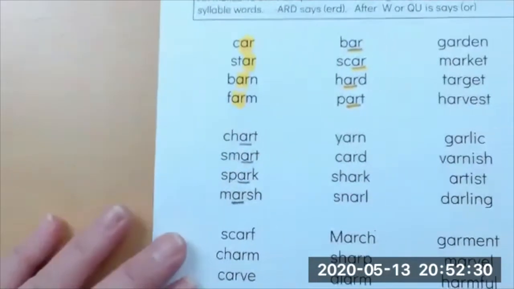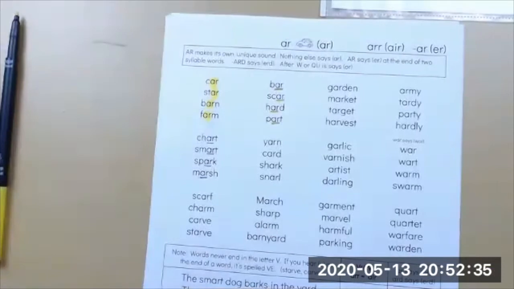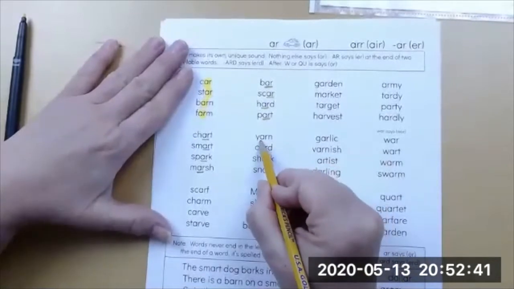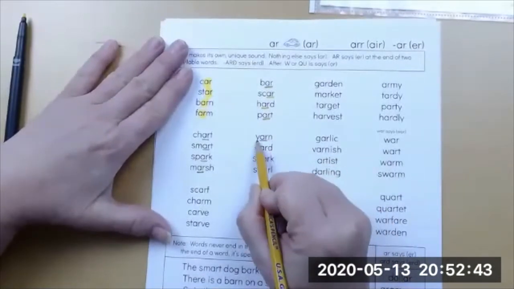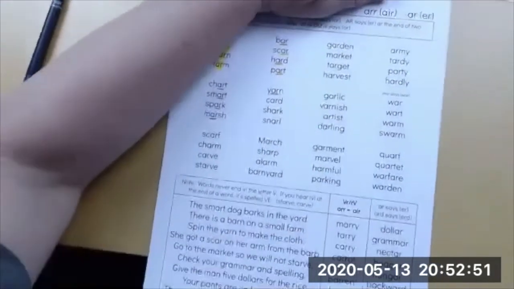One of the other strategies that you can use, and this goes for all the Bossy R work, for all the vowel team work, really for any work, is that if you have a child that's struggling to read the word, by pointing at the pieces, y, r, n, yarn. If they're struggling with that, have them read it on their arm.